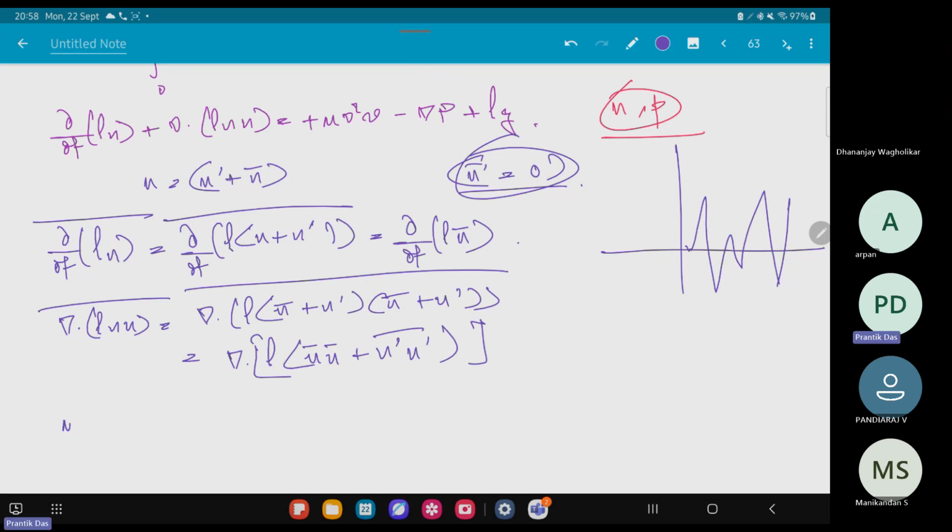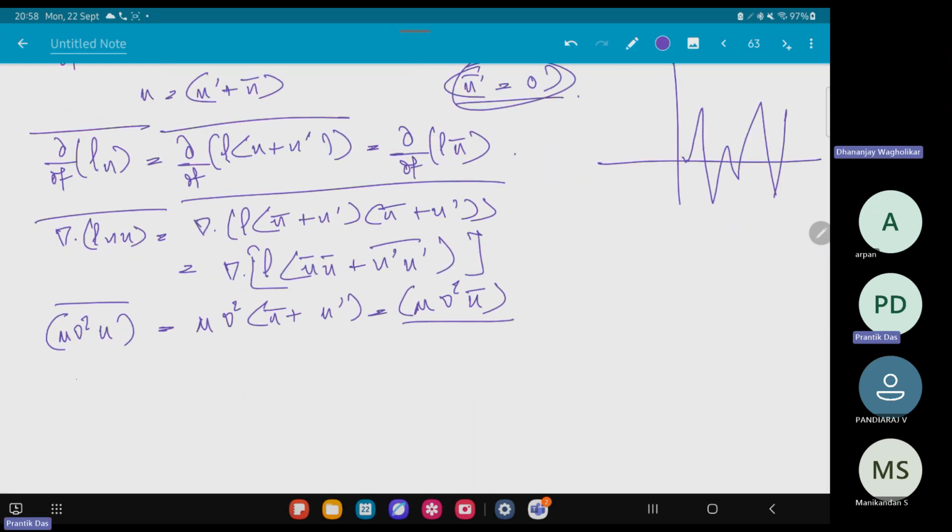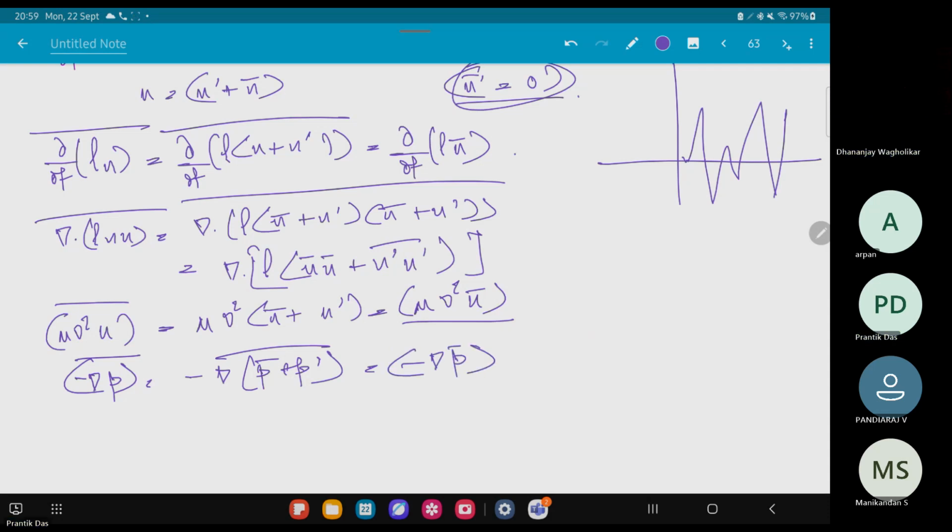Then mu del square v, if I take the velocity part, is mu del square of (u bar plus u prime), which gives mu del square u bar. And then if I take the time average of grad p, that will be minus grad of (p bar plus p prime) averaged, which is minus grad p bar. Similarly, rho g will be a constant since I'm considering incompressible flow.